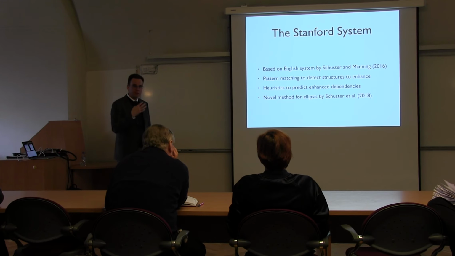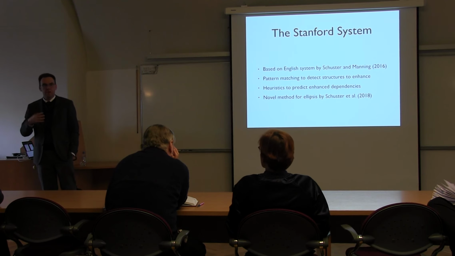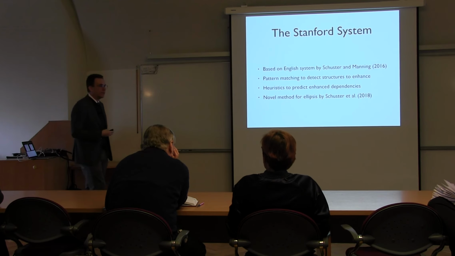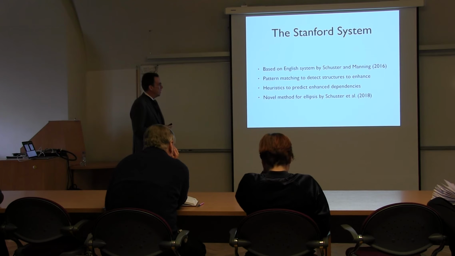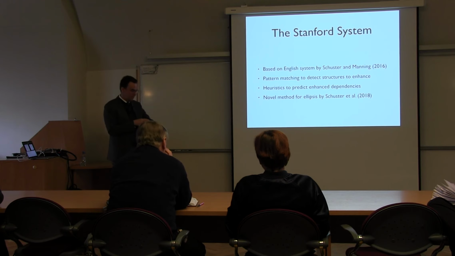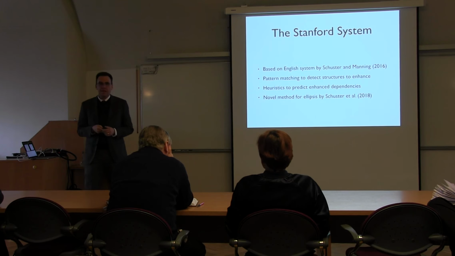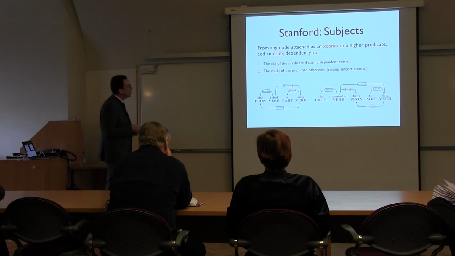You just know that if there is an xcomp label, there should be a subject relation added. If there is a conj label, some arcs should be added. And if there is an orphan label, it means that there is some kind of ellipsis that needs to be added. It then uses heuristics to predict the enhanced dependencies, and I will look at those in a minute. And in the special case of ellipses, there is a new method that Sebastian and others are going to present at NAACL this year, which is somewhat interesting.